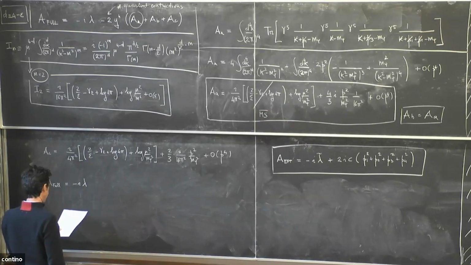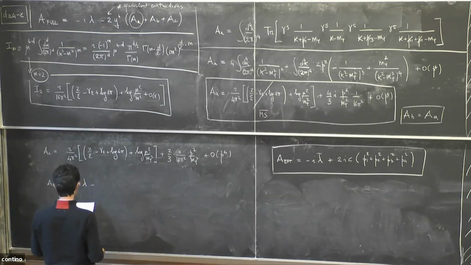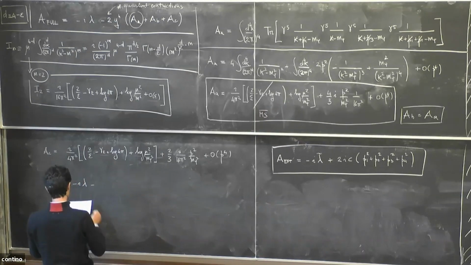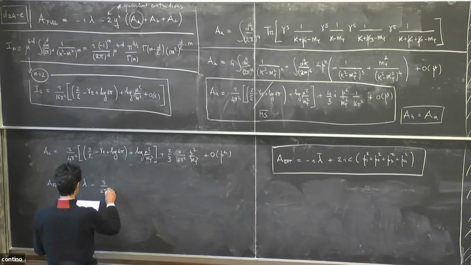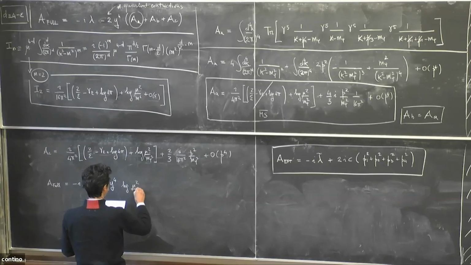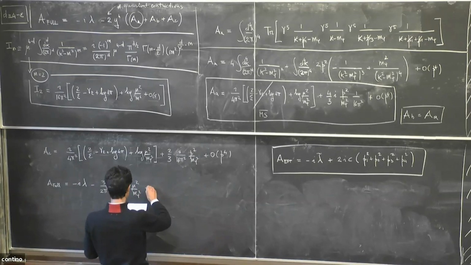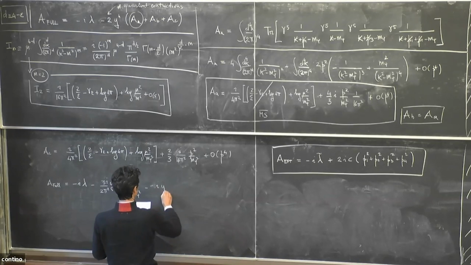So what I get is minus i lambda. Then there is minus 3i y to the fourth over 2 pi squared, log of mu squared over m psi squared, minus 2i y to the fourth divided by 8 pi squared.